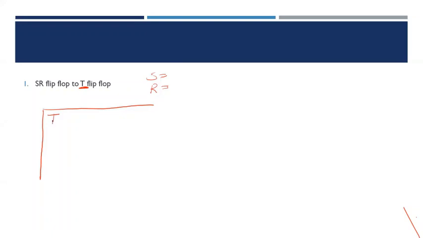There will be the T input. Then we have to consider Qn also. Then Qn plus 1 is required.